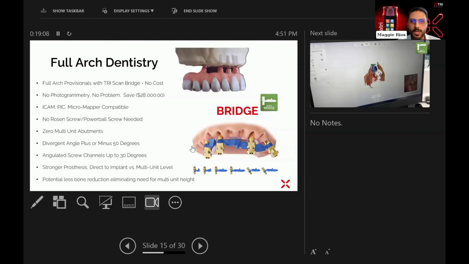Obviously, full arch dentistry is something that many of us are looking into or are already doing, right? In case you're using photogrammetry, which is great, we do have the scan bridge, which is the next solution to photogrammetry. There are a lot of offices using the scan bridge.